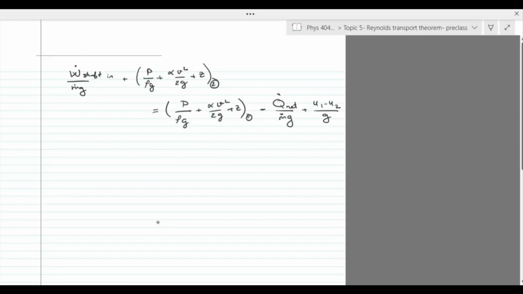This is the head form of the energy equation. And you can see that all the terms have units of height.